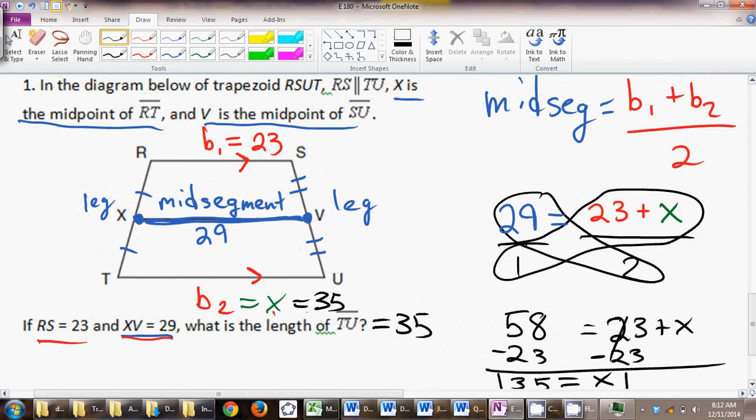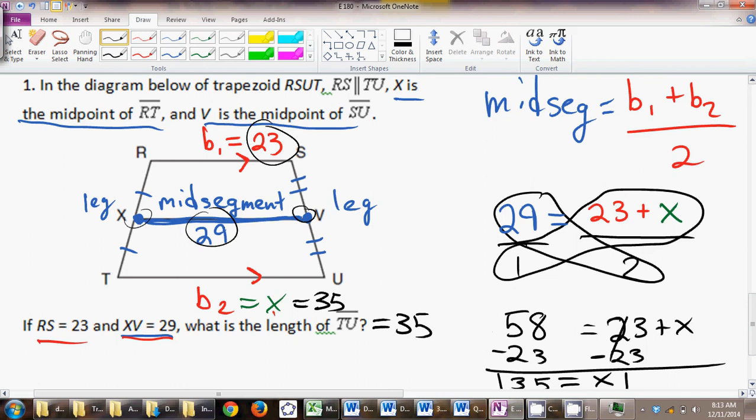And there's another way we could do this. Whenever you're dealing with constants, known numbers, you can kind of use intuition, use your common sense. I know this mid-segment is smack dab in the middle, all right, because of those midpoints. So how far do I have to travel from this 23 to get to that 29?